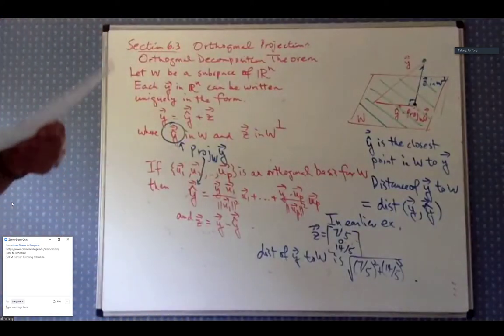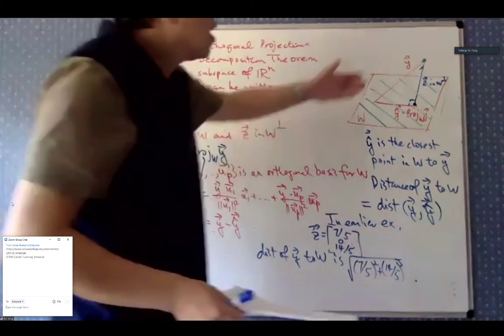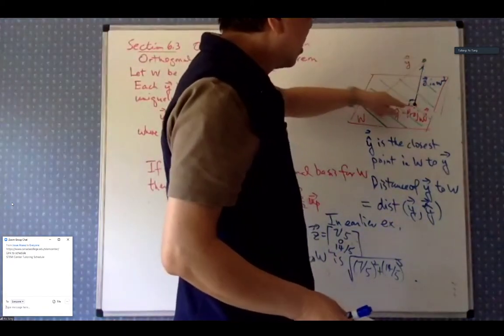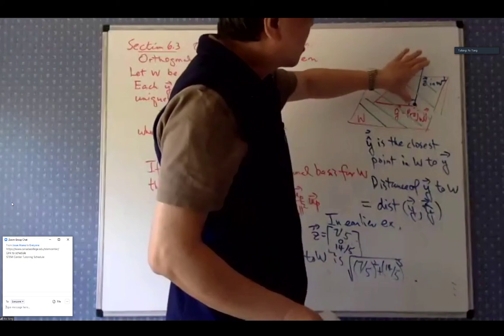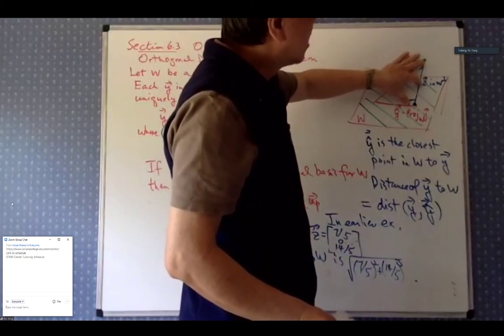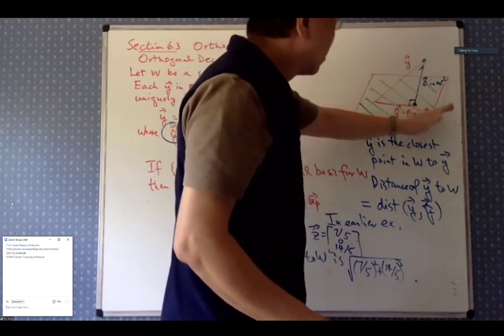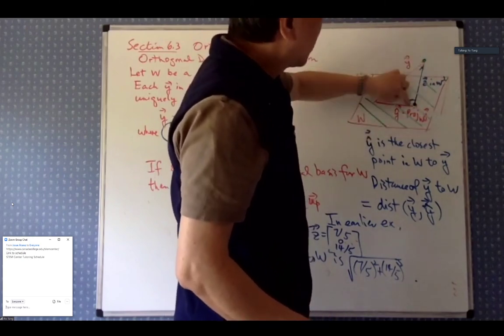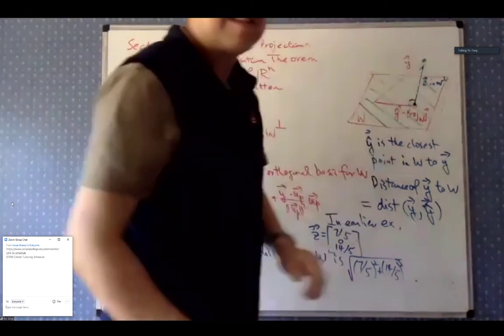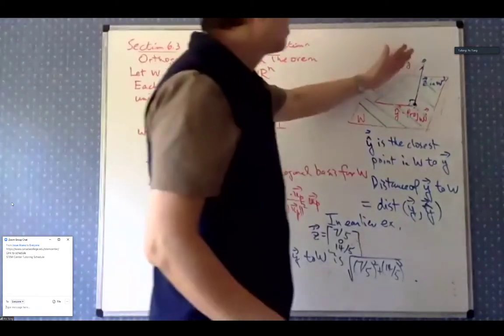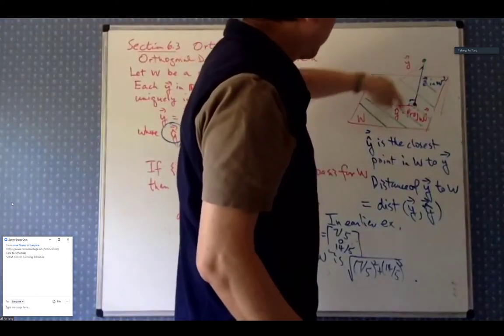So basically, what this is saying is that here you have the projection. This z is in W perp, perpendicular to the entire subspace. The length of this vector is considered the distance from this vector to the subspace.